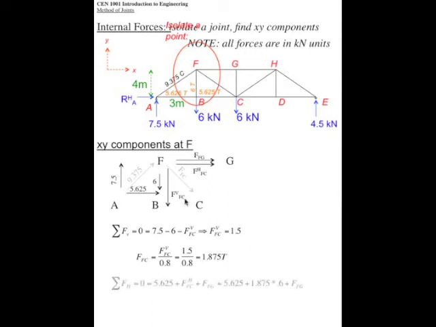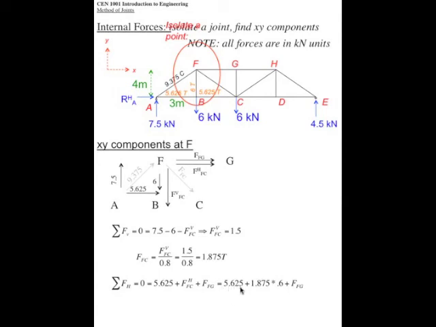If we do the horizontals, there's 5.625 plus the horizontal component of FC plus FG. Okay, we assumed FG is in tension.